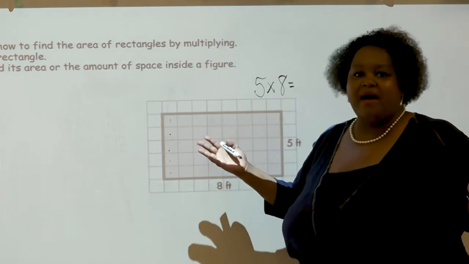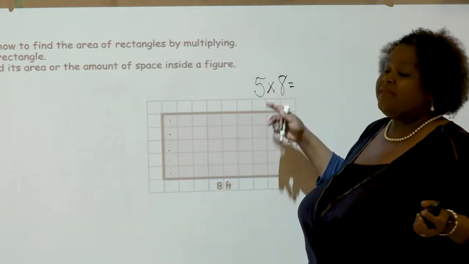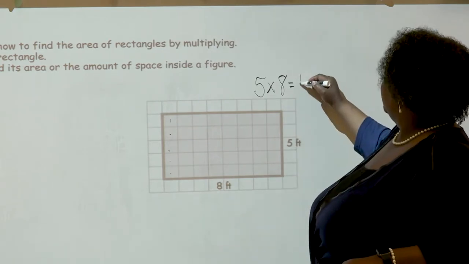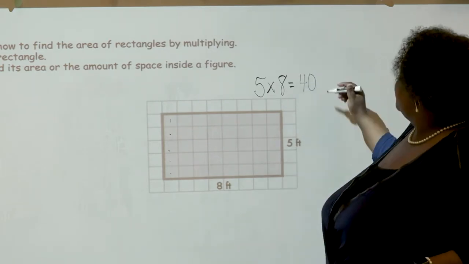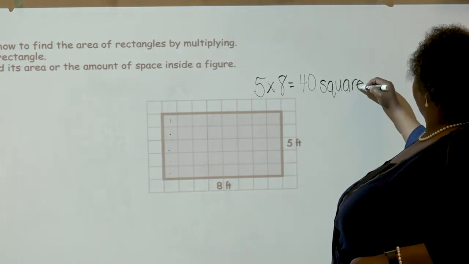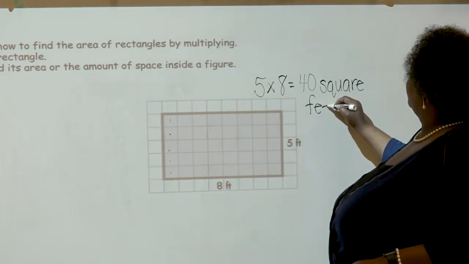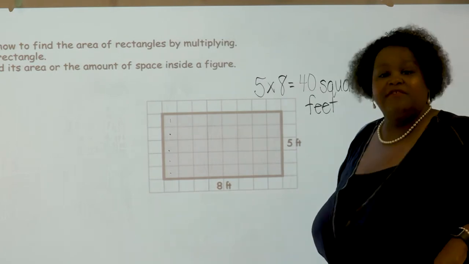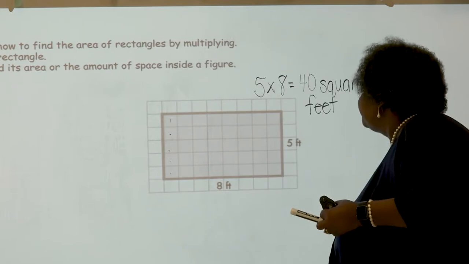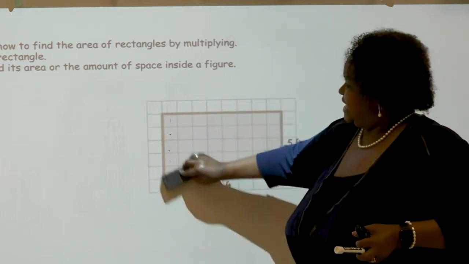Well, I know my 5s really well. So 5 times 8 equals, yes, 40. 40 square feet. We just found the area of this rectangle. All right, let's keep going.